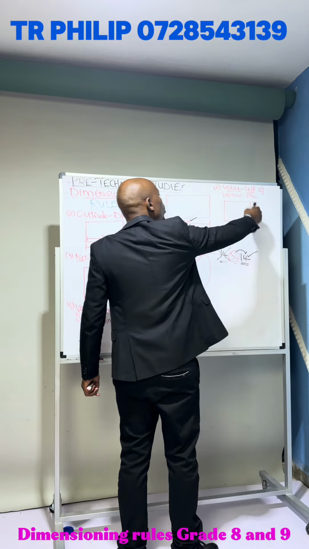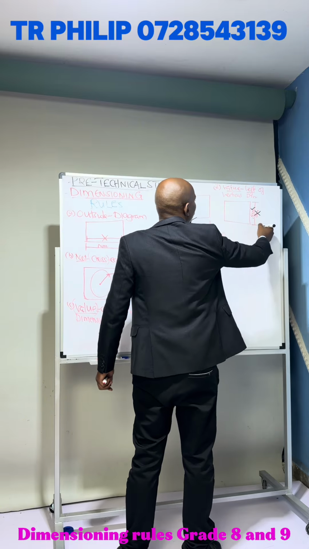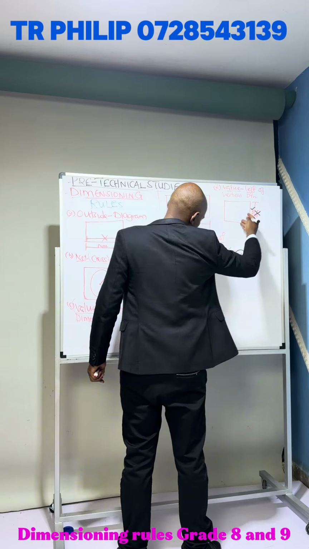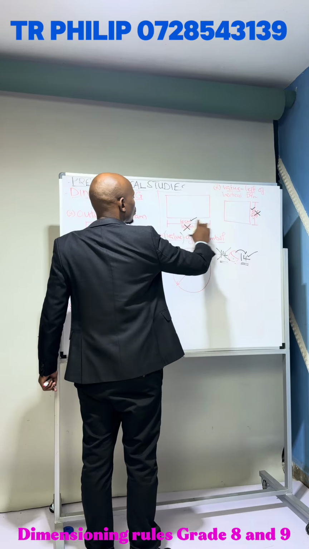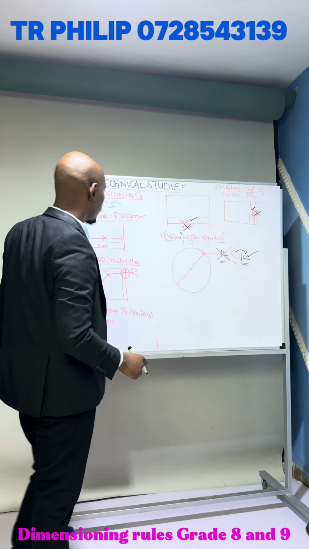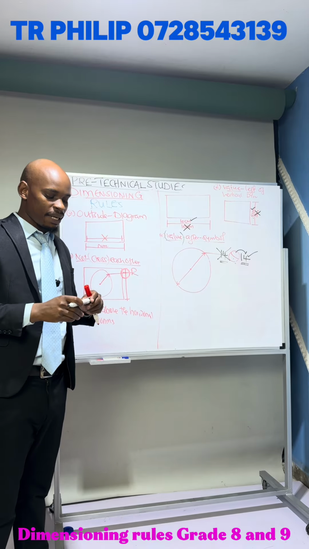Dimensioning value which is 5 centimeters should be on the left of the vertical line. The value on the horizontal should be above the line. These are the rules that are used during dimensioning.